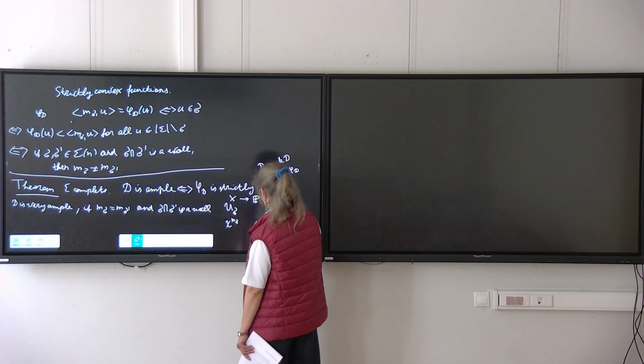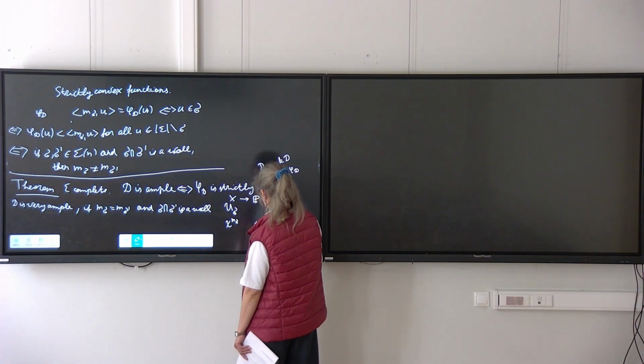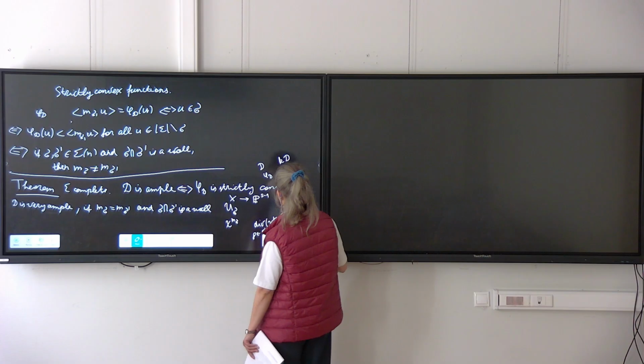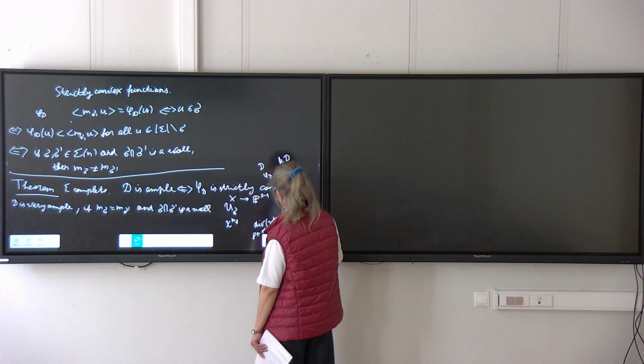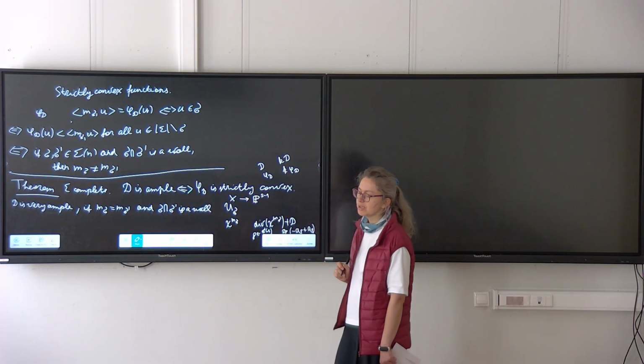If rho is in sigma(1), then D rho will be minus a rho plus a rho. Okay?